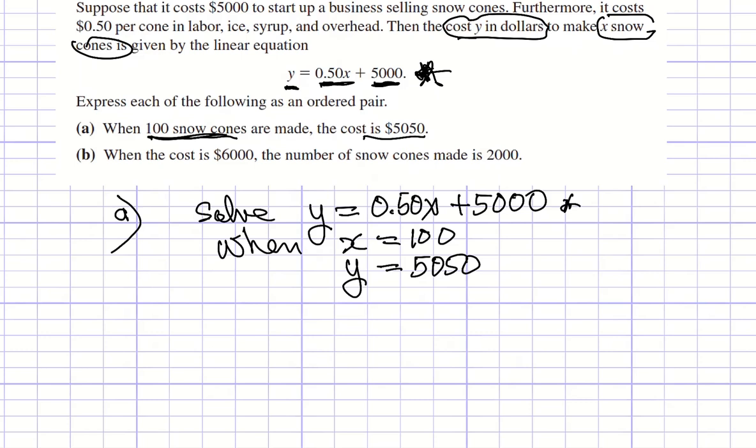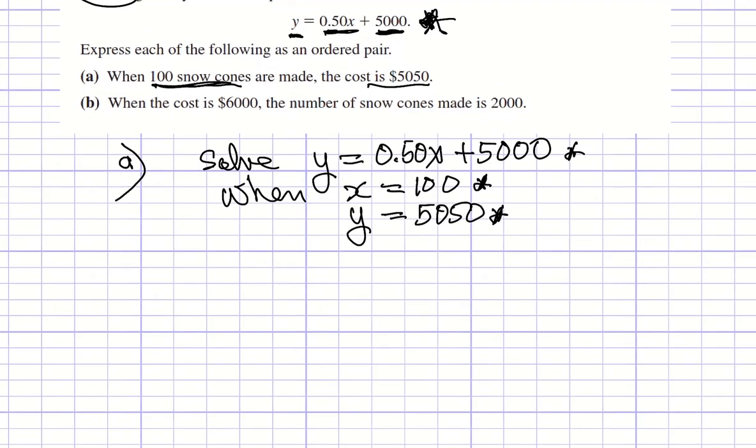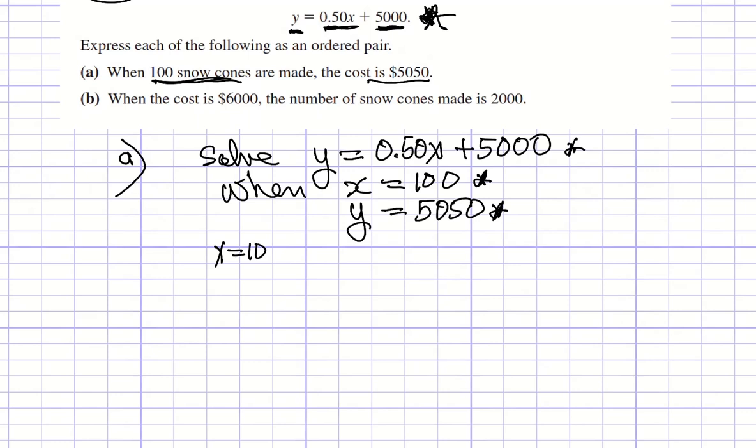I think they want you to substitute one after another. You substitute this first, you get the value of y. Then you substitute this secondly, you get the value of x. So let's say x is equal to 100. You substitute that, what do you get? 0.5 times 100 plus 5,000.